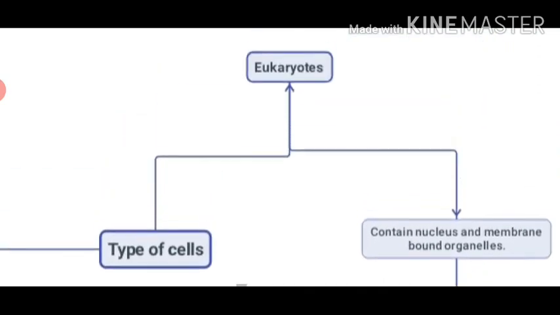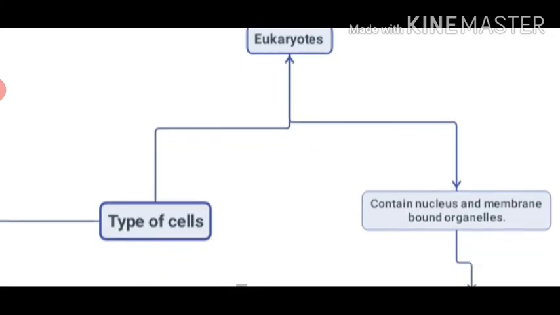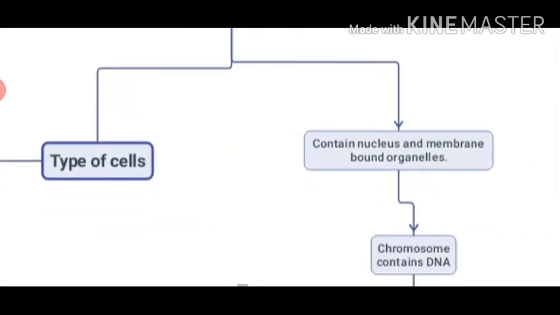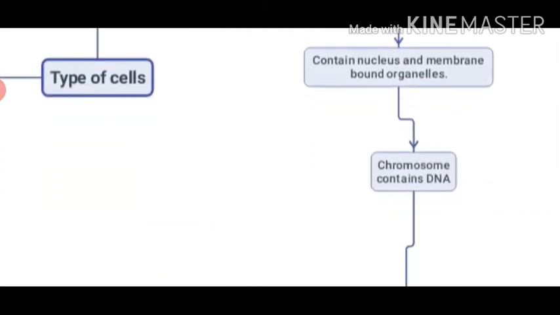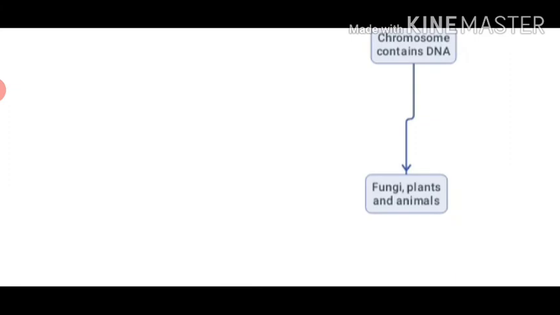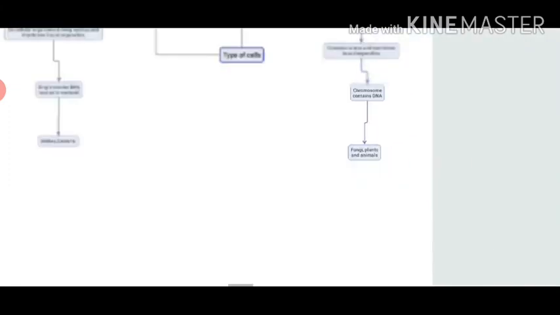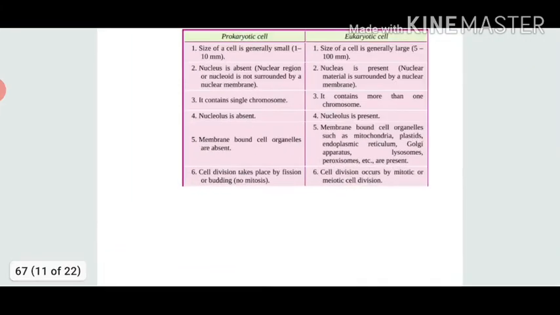Now we will study eukaryotes. Eukaryotes are organisms that contain a nucleus and membrane-bound organelles. There are chromosomes that contain DNA inside the nucleus. Fungi, plants and animals are eukaryotes.